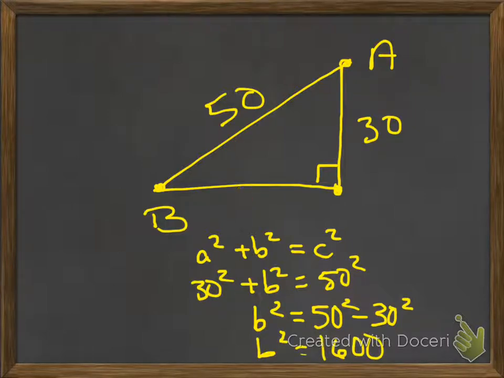Depending on how this is presented, you could use your answer choices. If you don't know to take the square root, you should recognize there's some number squared that's going to give me 1600. You could try answer choices, blank times blank, which one gives me 1600. Or take the square root, and you would get 40. So car B has driven 40 miles due west.